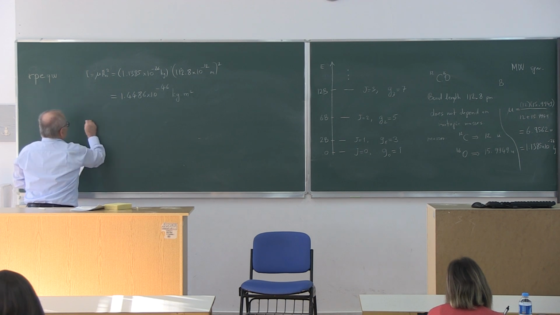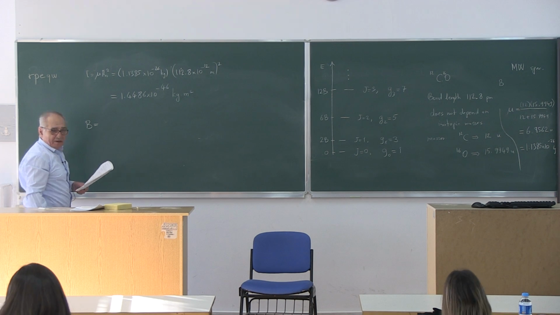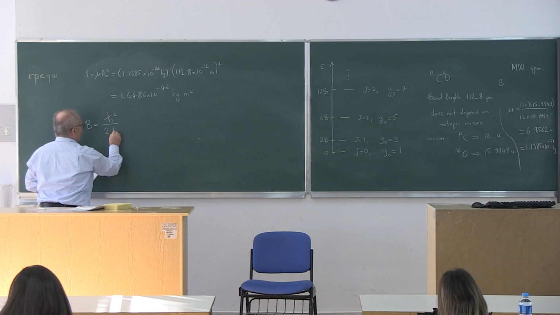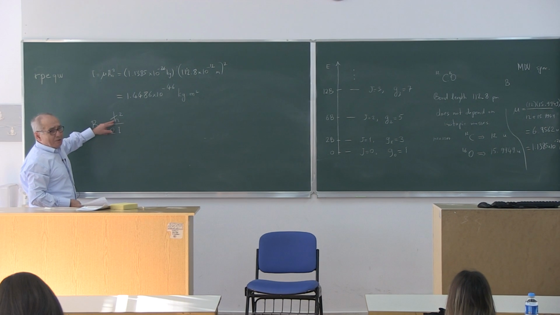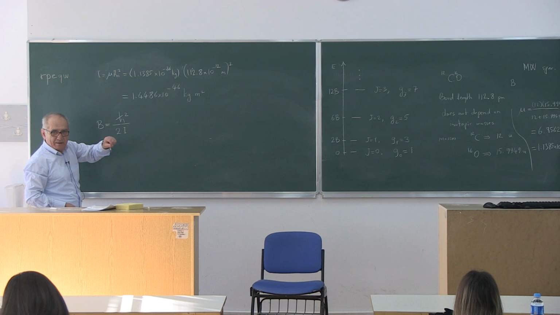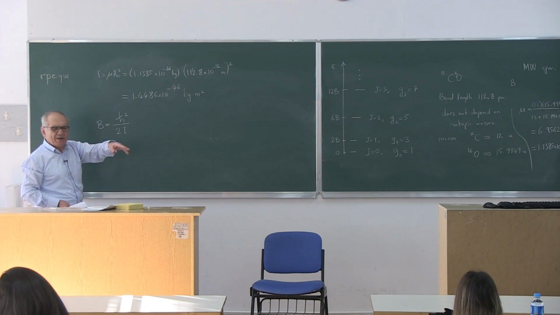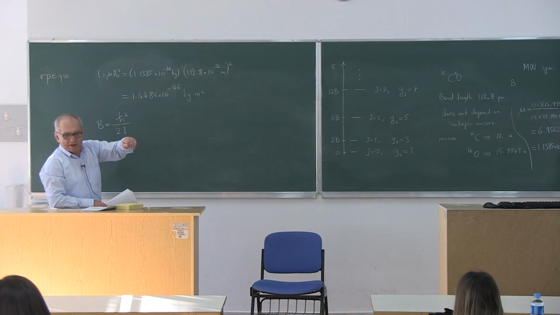Then we calculate the rotational constant B. What was the definition? H bar squared divided by 2 times moment of inertia. You take either the value of H bar directly from the data section. What was the definition of H bar? H divided by 2 pi. H is 6.626 times 10 to the minus 34.